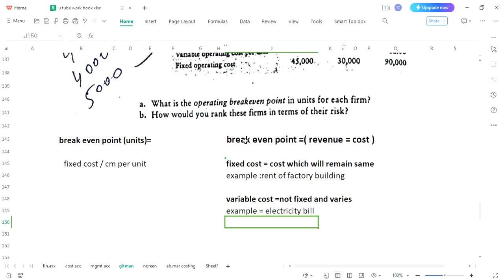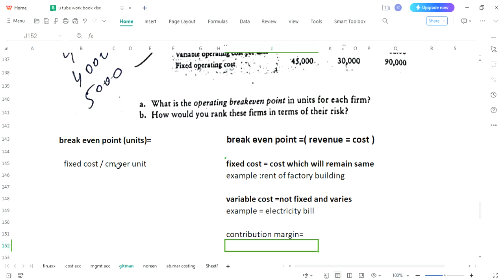Three concepts we have discussed. And what is this CM? It is basically contribution margin, and contribution margin is a technical term. It has a formula. Like we have calculated gross profit, in a similar way there is a concept of contribution margin.